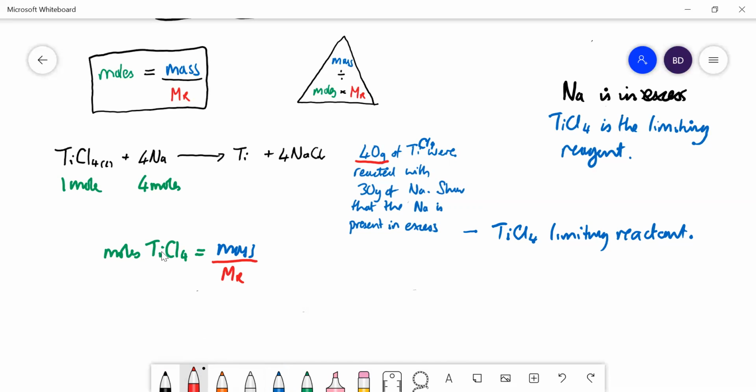The Mr of that is 190. So that's equal to 40 grams over 190, which is 0.2105 moles.